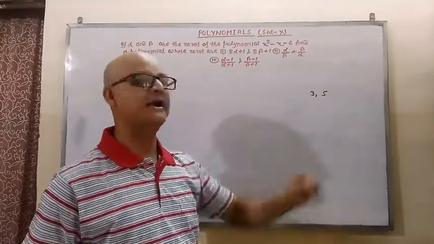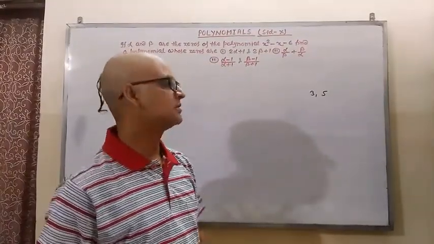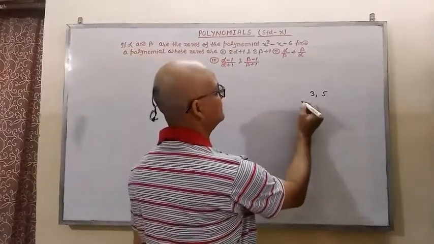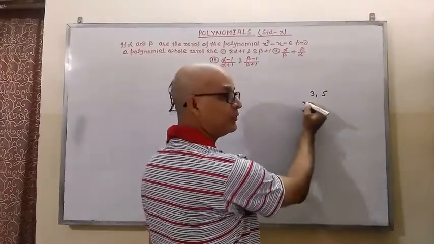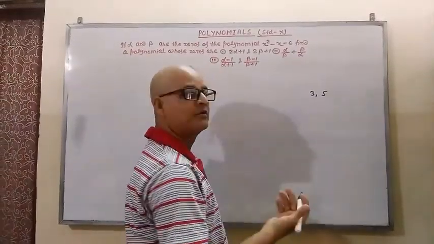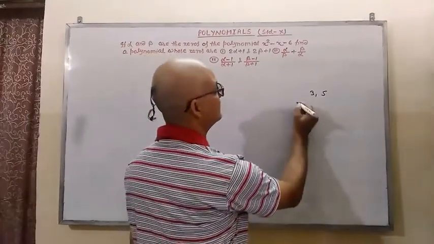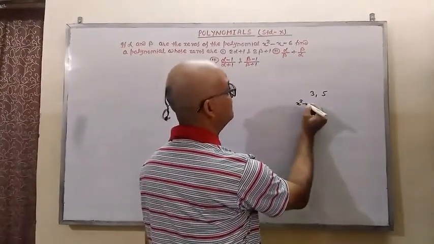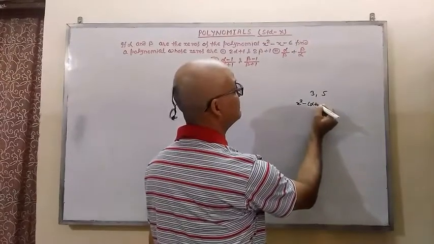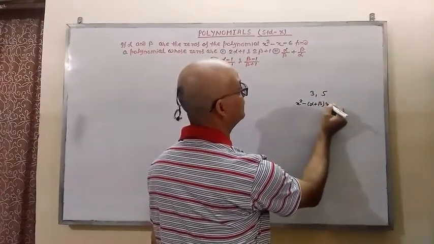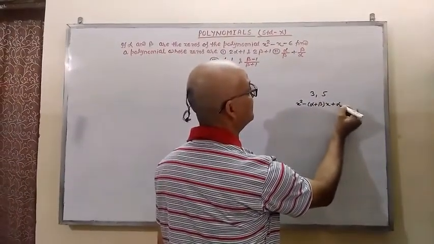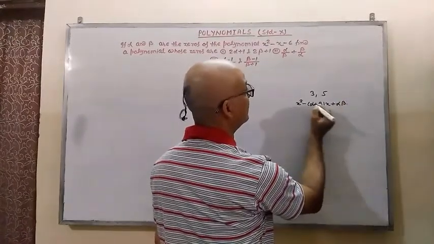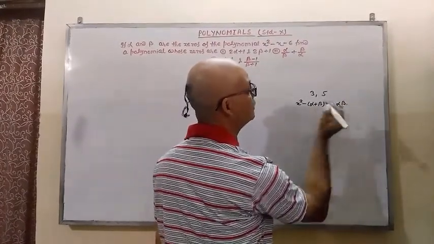Find the quadratic polynomial. For that, the formula is: the required quadratic polynomial is x square minus (alpha plus beta) into x plus alpha beta, where alpha and beta are the zeros.